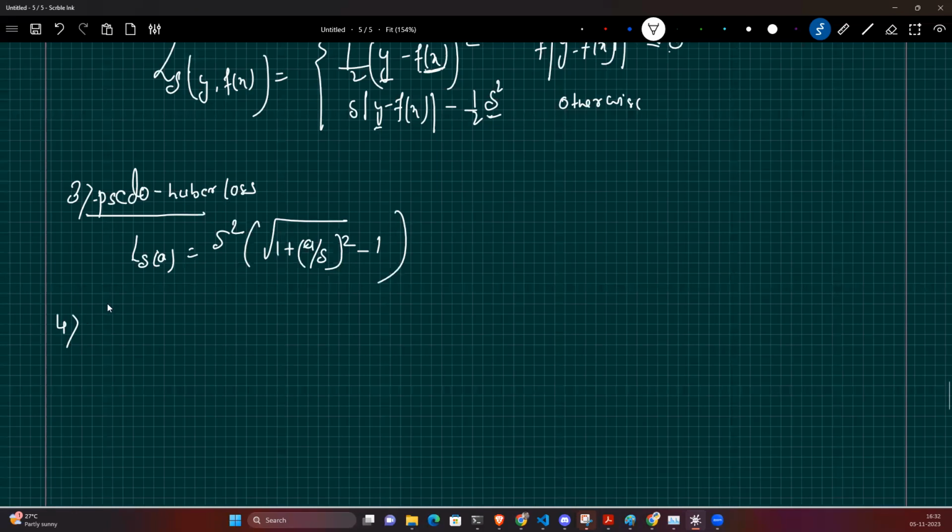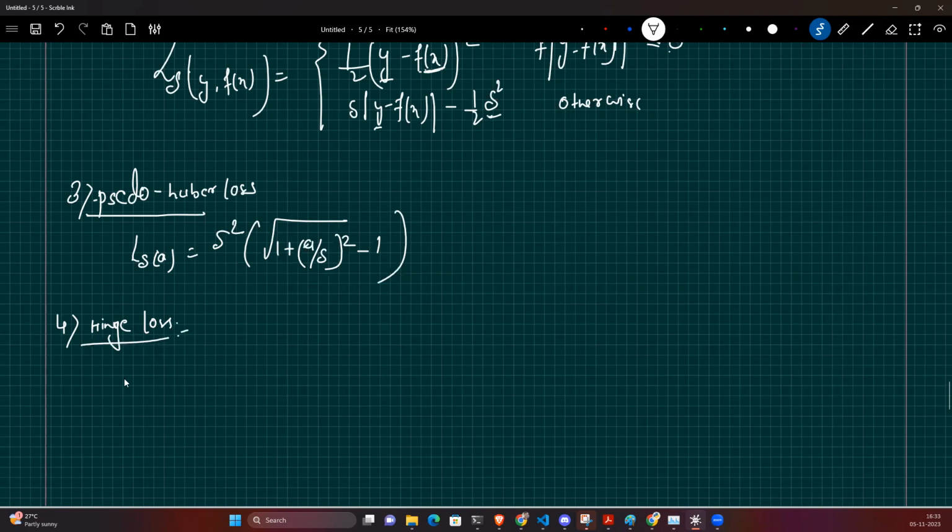A different type of function to calculate the losses. Hinge loss. According to Wikipedia, people use this hinge loss many times.